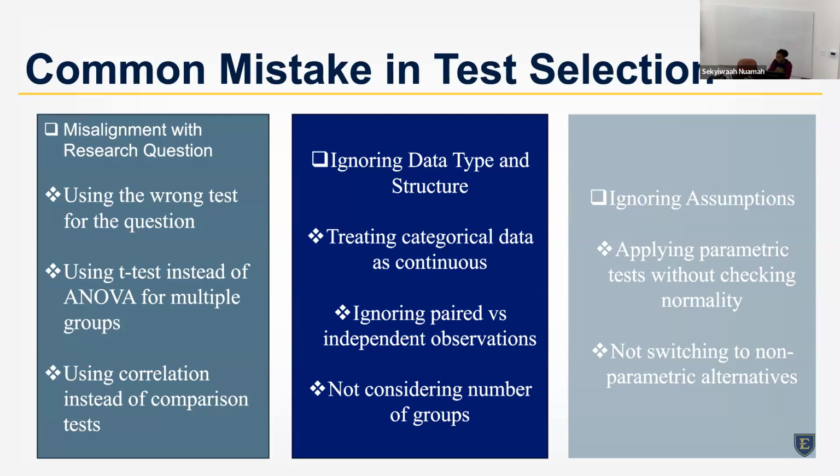Another mistake that you want to avoid is what? Ignoring the data type and the structure. If you know your data type, we can go in for the right test to use. And one more important thing that we shouldn't ignore is the assumption. If you follow the assumption right, it makes it easier for us.